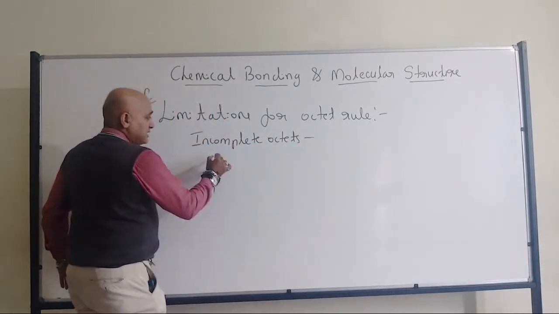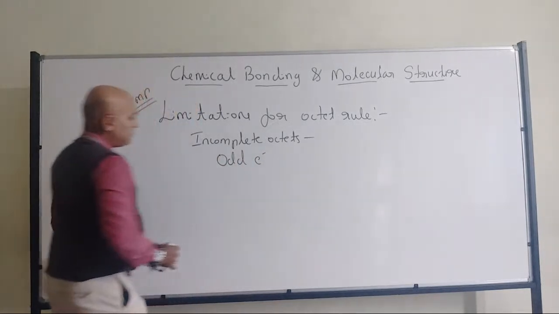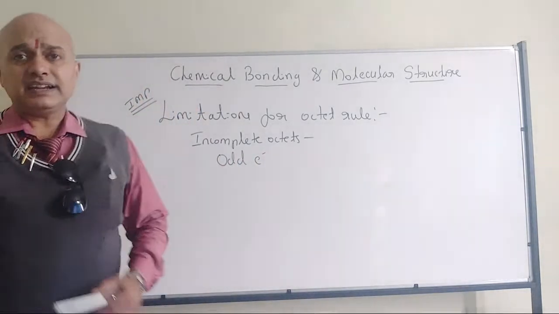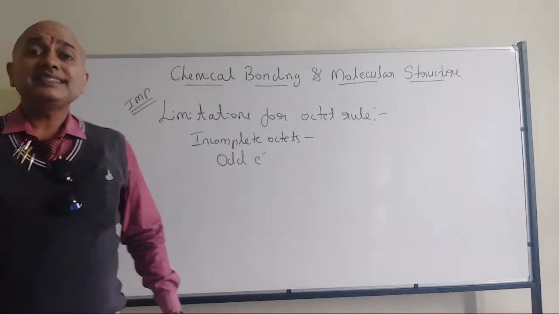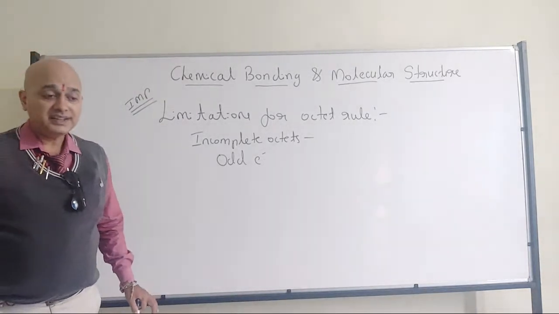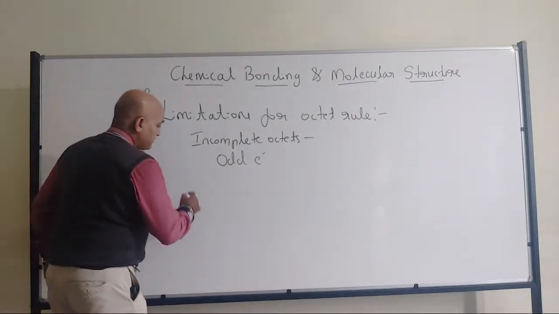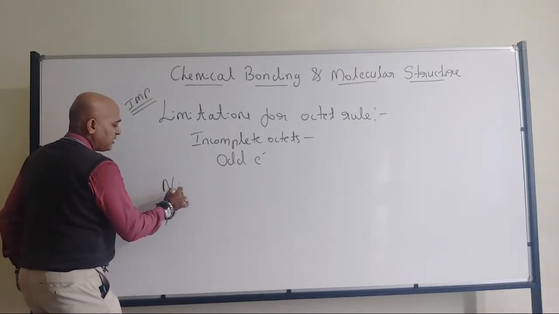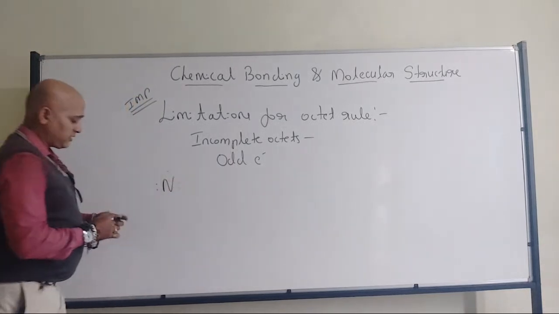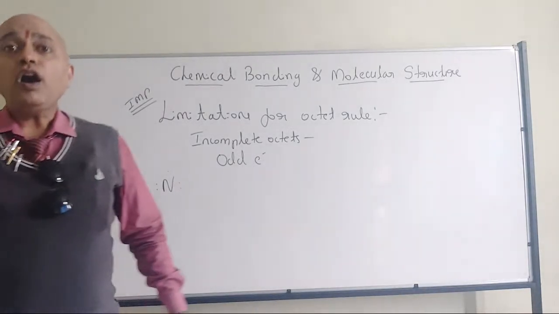But these will have odd electrons. For example, if I take nitrogen, it can form some compounds. Nitrogen has how many valence electrons? 5 valence electrons, which is an odd number.